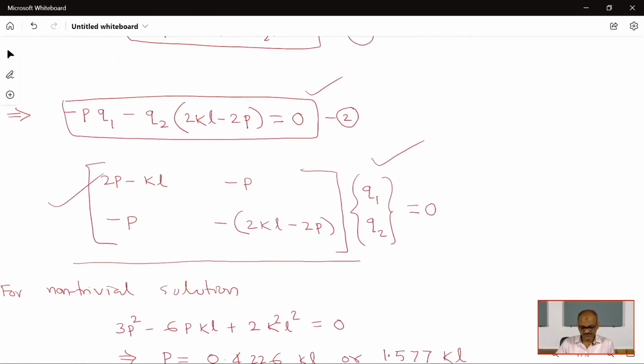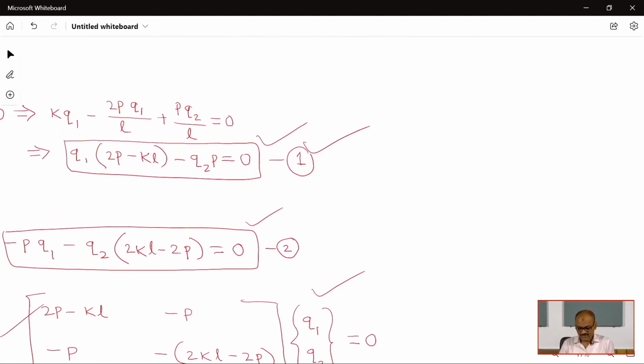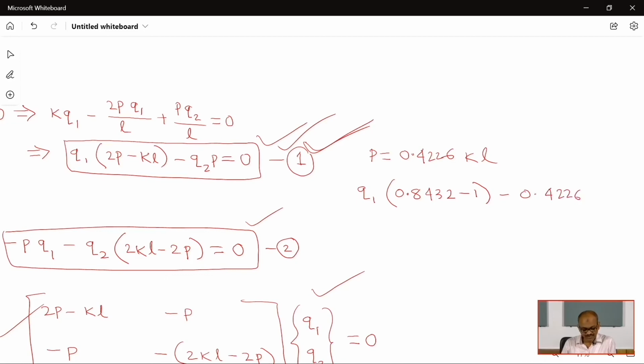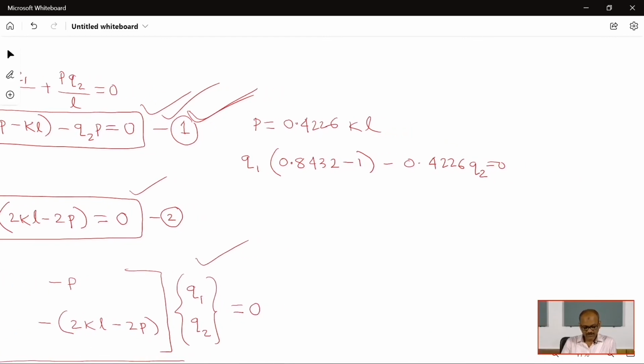If we substitute the value P equal to 0.4226 KL in this equation, it comes as Q1 into 0.8432 minus 1, minus 0.4226 Q2, equal to 0.